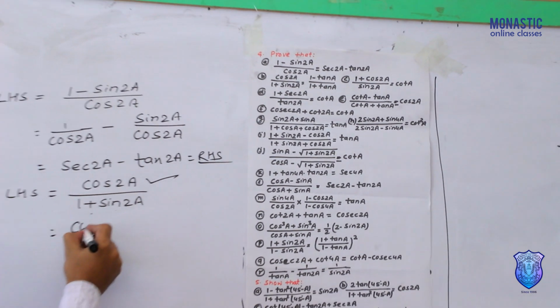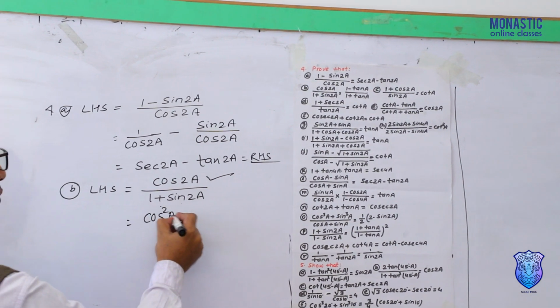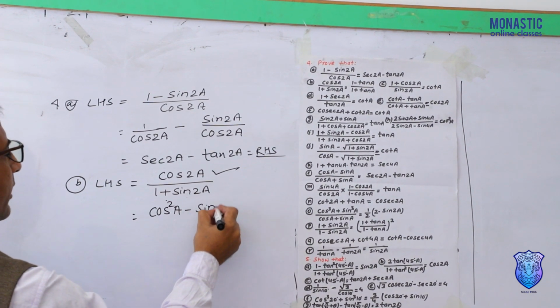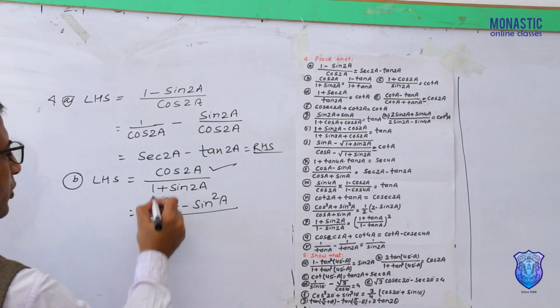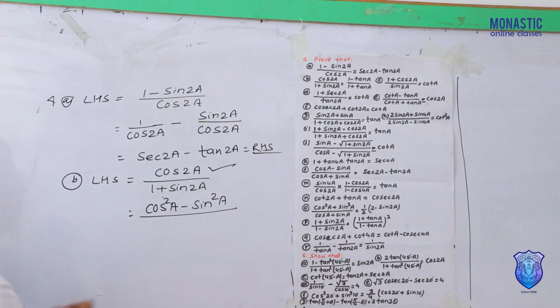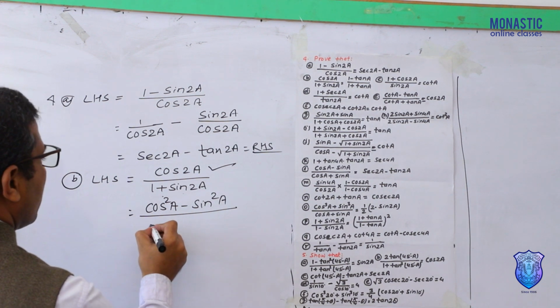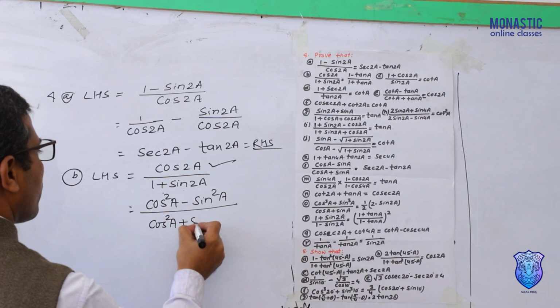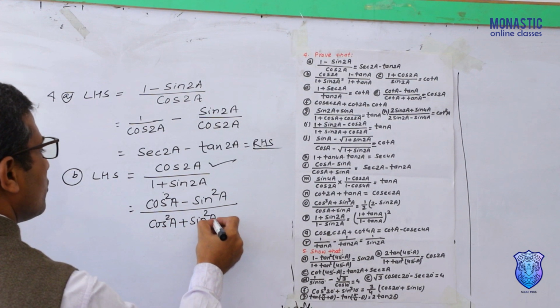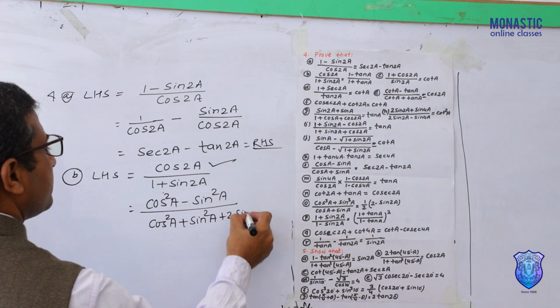cos 2a formula we will write as cos square a minus sine square a. Here is 1, so in place of 1 we can write cos square a plus sine square a plus 2 sine a cos a.